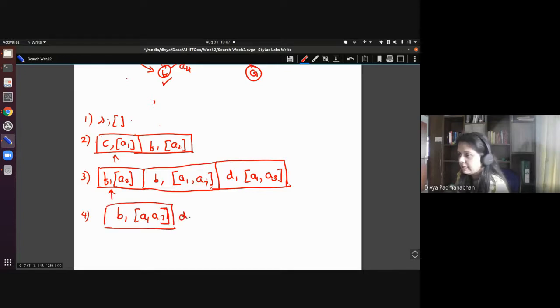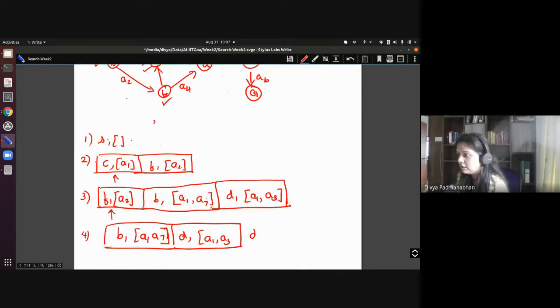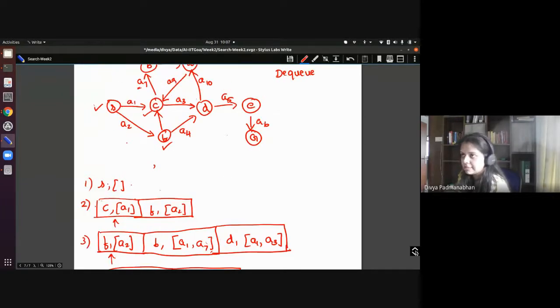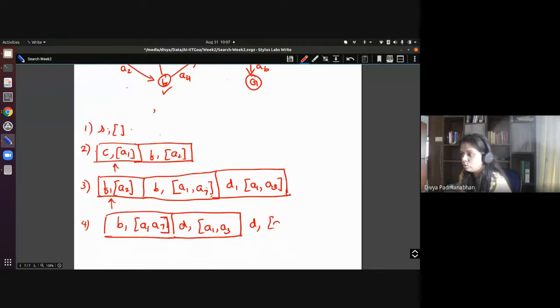Next, you're going to have D, A1, A3, right? And you're also going to have D, A2, A4, right? So D with what you removed was F, and the action list was just having A2, and you're going to append A4 to it. So A2, A4 comes in.